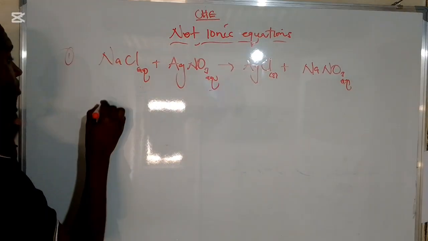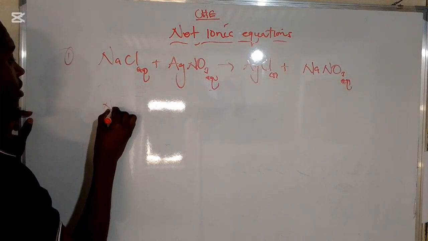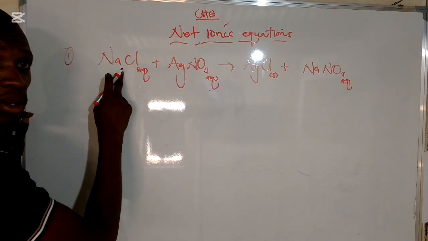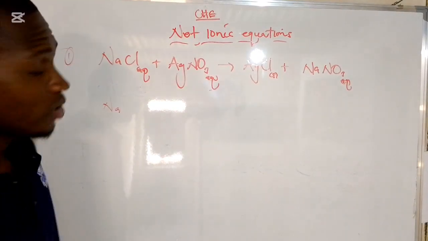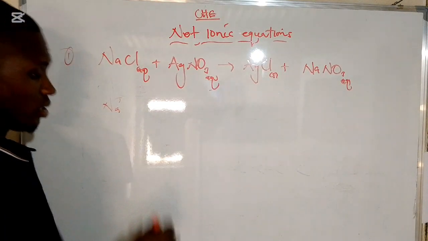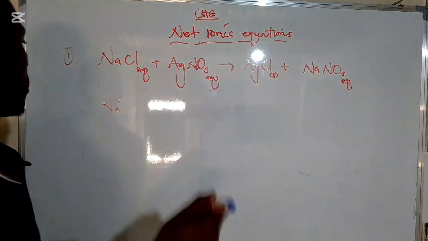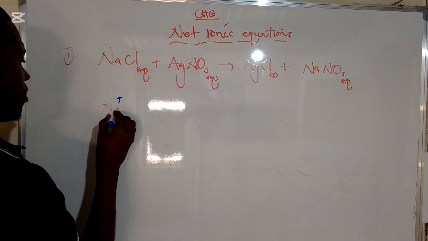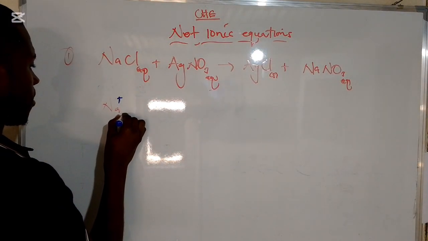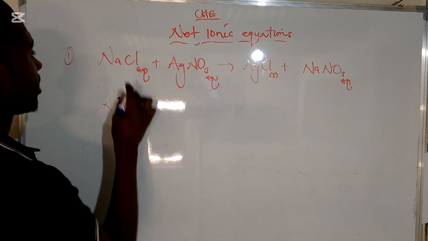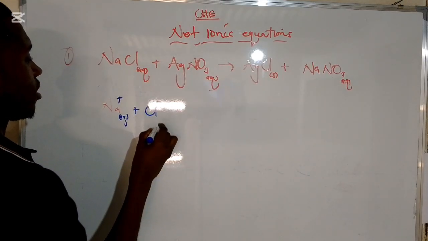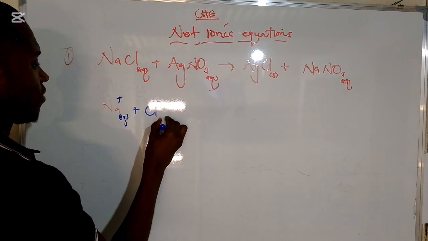Second, we split those which are in aqueous. So we have sodium. Sodium is a metal, so when it loses an electron, it becomes positively charged. So it will be sodium positive, aqueous, plus chlorine, a non-metal, negative, aqueous.